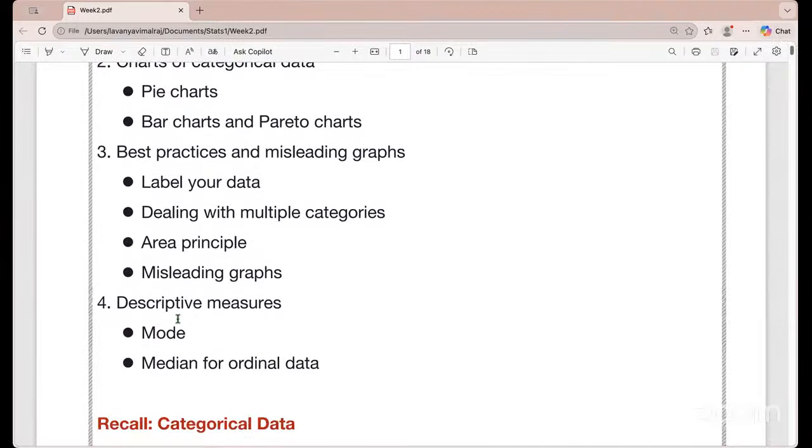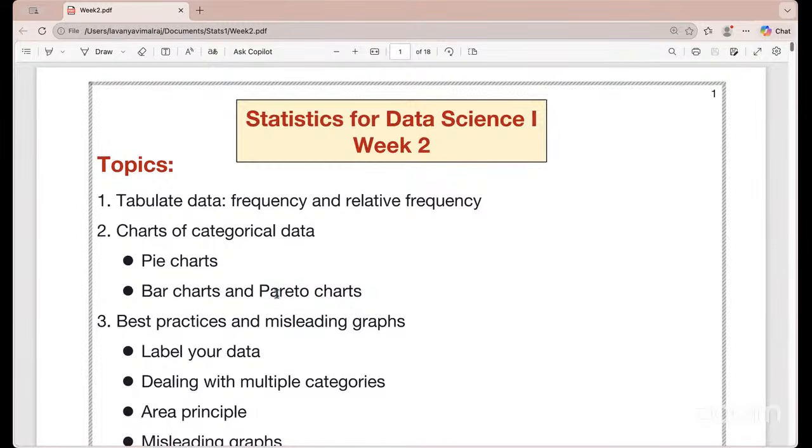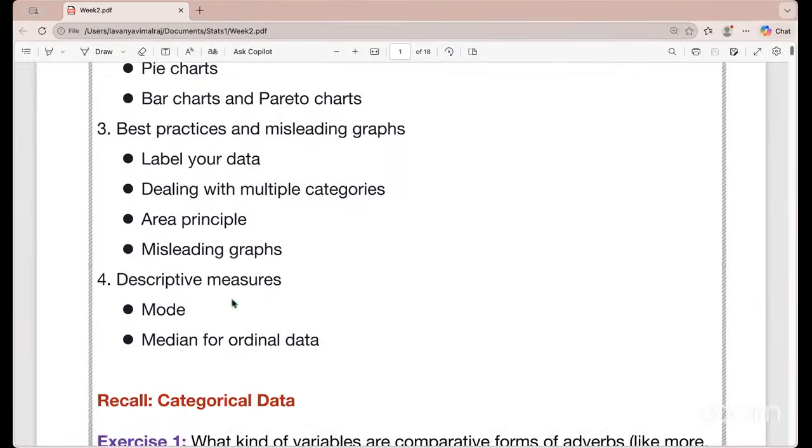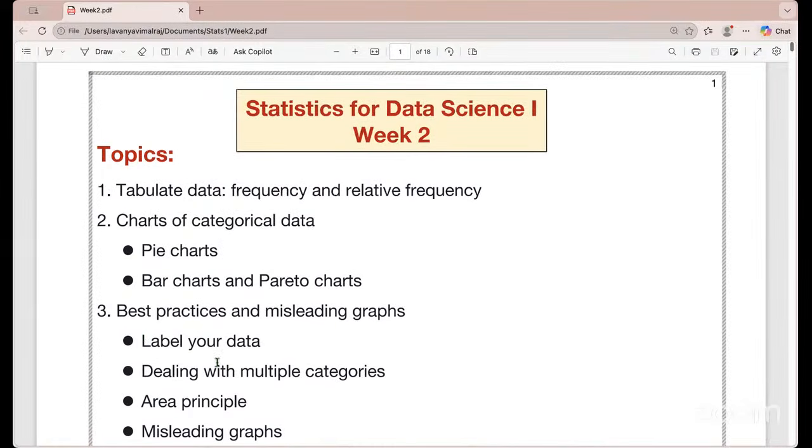And at last, if we want some descriptive measures, we can see what is mode and median of the given set of categorical data. So these are the things we are going to see today.